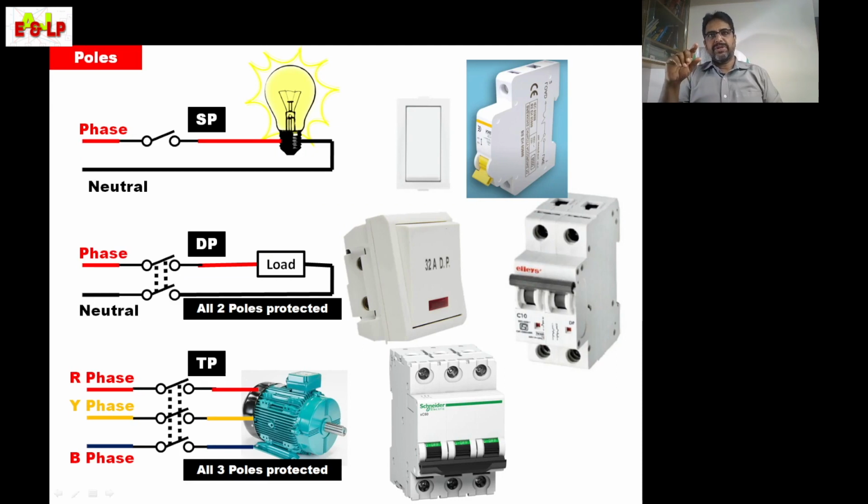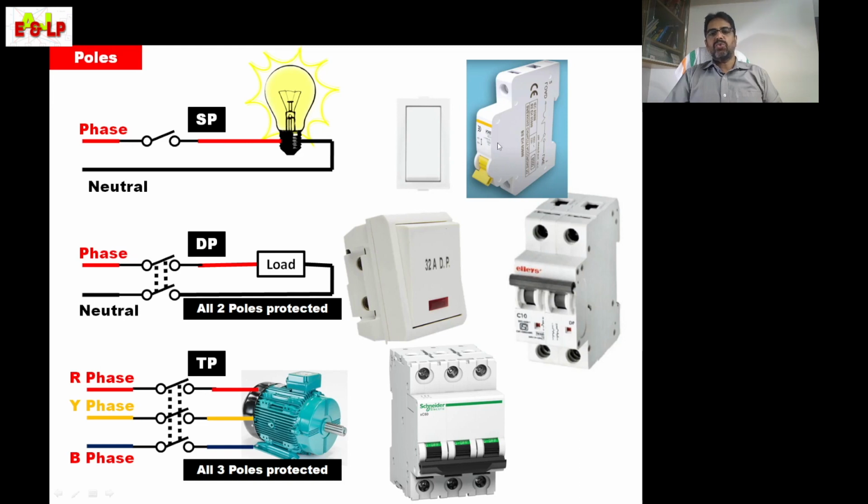Now we are moving to the next term, number of poles. In the first picture I have shown a switch which has the phase connection only. Neutral is fed directly and the phase has a switch. Means it is single pole, having only one circuit or one phase. Here I have shown an MCB and the normal switch.